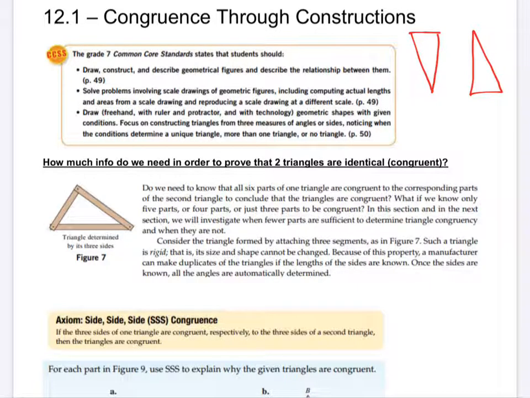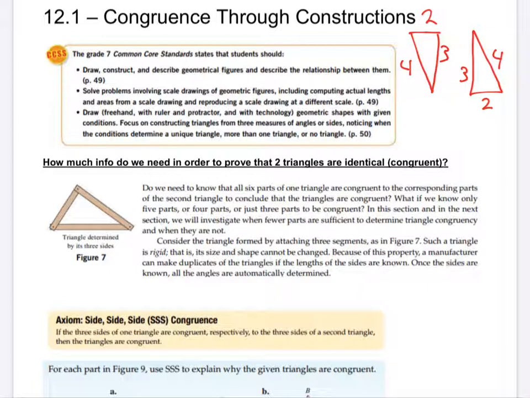What would we have to know to find out those two triangles really are identical? What if we knew the three sides? What if this was 2, 3, and 4, and this was 2, 3, and 4? Then we say, okay, yeah, the three sides are all the same.